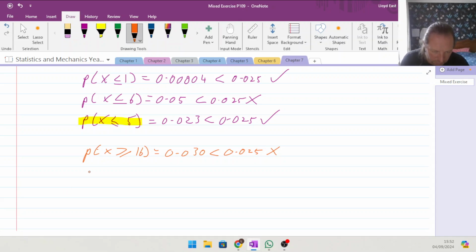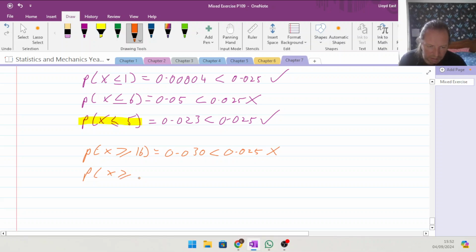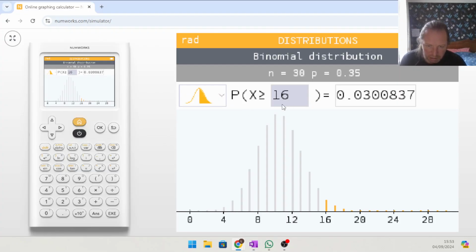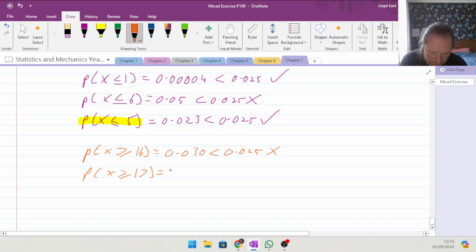So we will have a look at the probability of x being greater than or equal to 17. Jumping on here, 17 gives 0.0123, which is less than 0.025, and it is good.